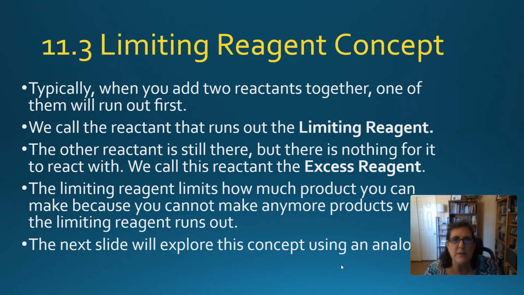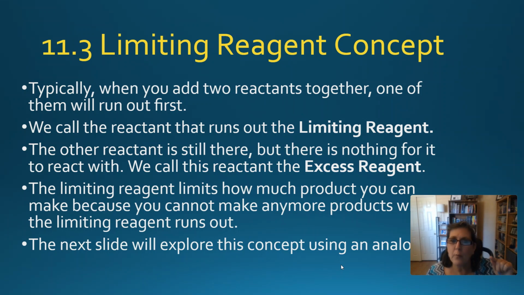It's like making a recipe and you run out of sugar. You can't cook anymore because you ran out of sugar, even if you have more flour. So we call the reactant that runs out the limiting reagent, because it limits how much you can make. Now, the other reactant is still there, but there's nothing for it to react with.